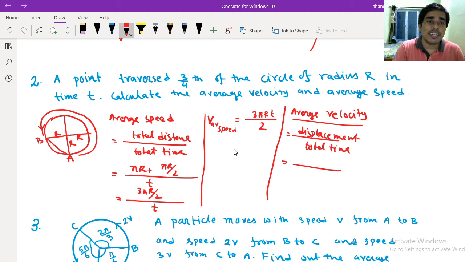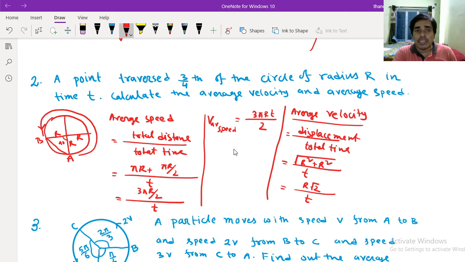So displacement is root over r square plus r square, because this is a right angle, 90 degrees. If this is r and this is r, then AB will be root over r square plus r square. Here the total time is t, so it will be r root 2 divided by t. This is the average velocity, and here is the average speed.